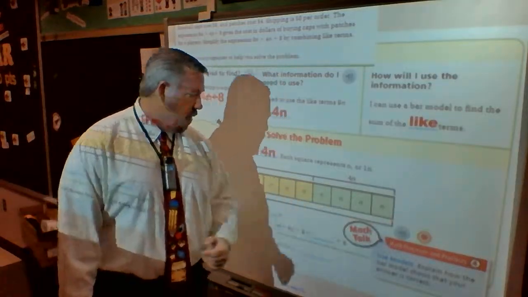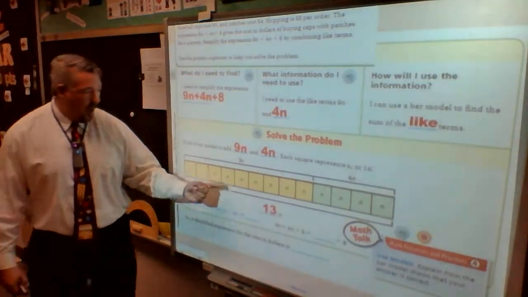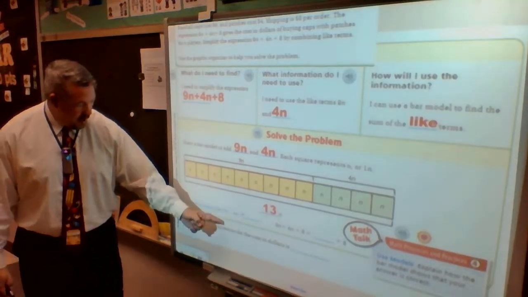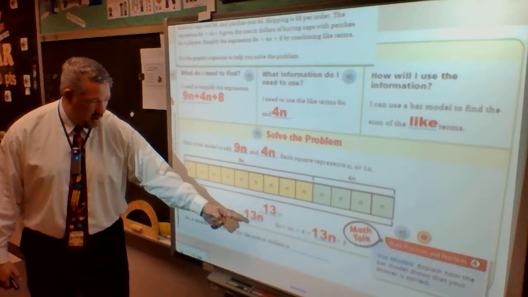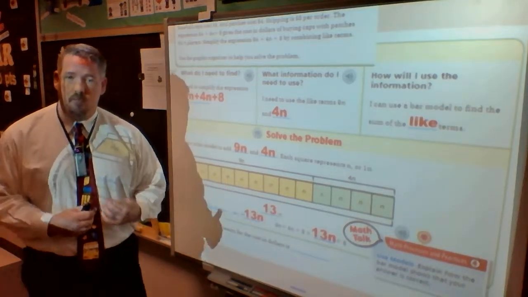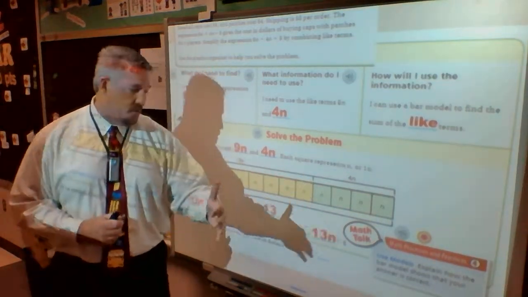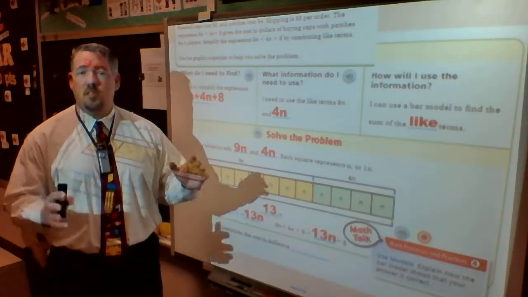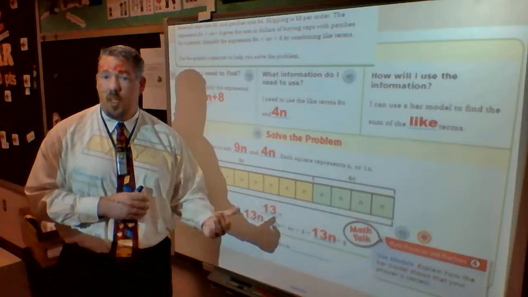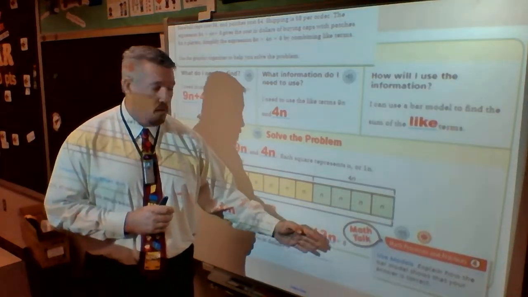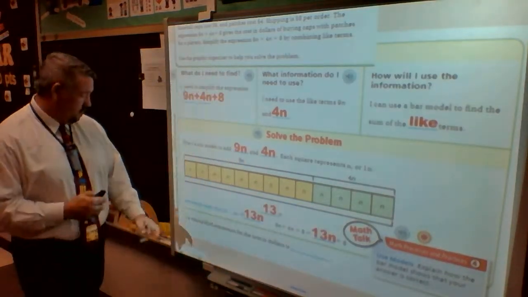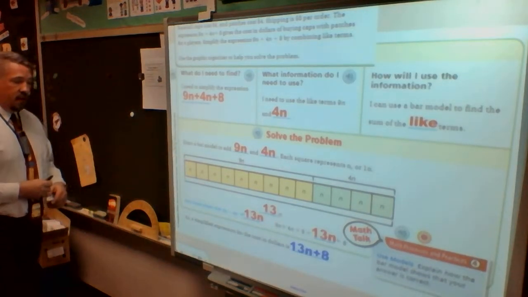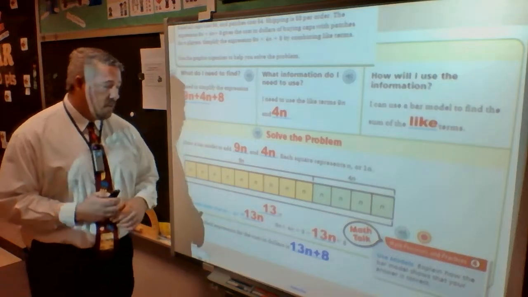I have 4 of them drawn. And I know that when I add 9 and 4, I get 13. So the model shows me that 9n plus 4n is 13n. And so my simplified expression, instead of 9n plus 4n plus 8, since I have like terms of n, is just going to be 13n plus 8. So a simplified expression of the cost in dollars is 13n plus 8.